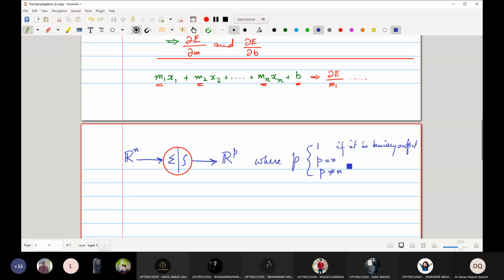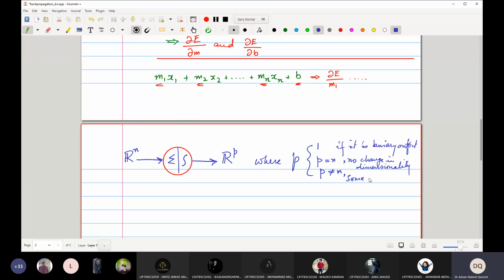So if p is equal to n, no change in dimensionality. The writing has become strange. And if it is not equal to n, there will be some change.